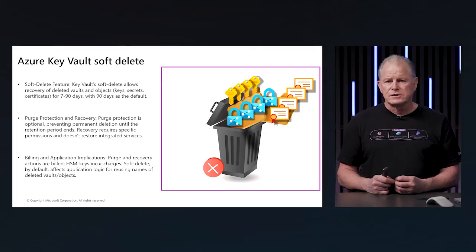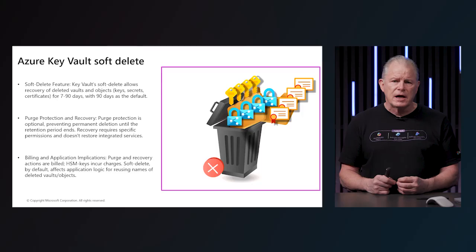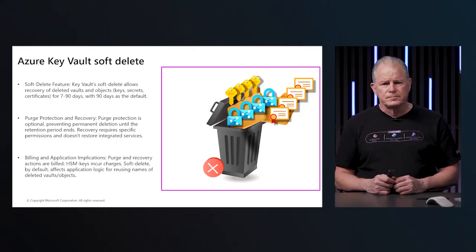To recover a soft deleted object, specific permissions are going to be required. The recovery process involves listing the deleted object and issuing a recovery command. It's important to note that recovery of a soft deleted Key Vault does not restore integrated services such as Azure RBAC role assignments and Event Grid subscriptions, which will need to be recreated manually.